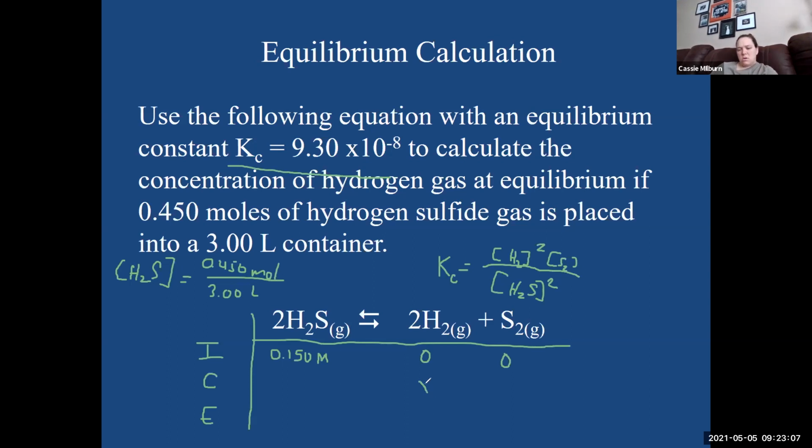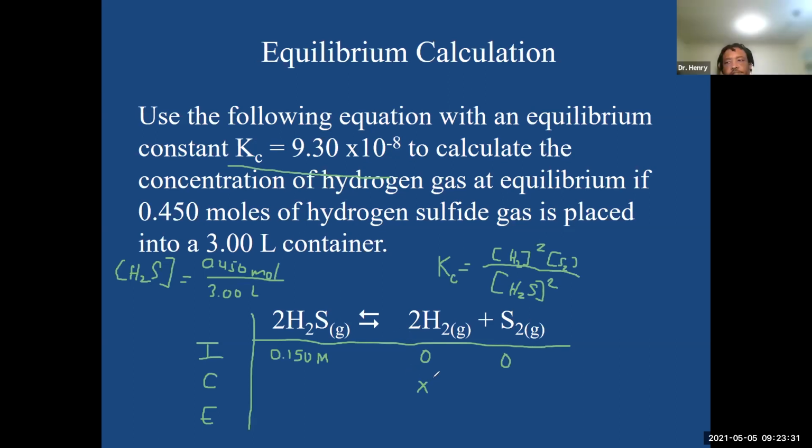Okay, so when we look at this, we have to take into consideration what's being made and how much is being made. What is the ratio between this one and this one? It's a 2 to 2 ratio, right?